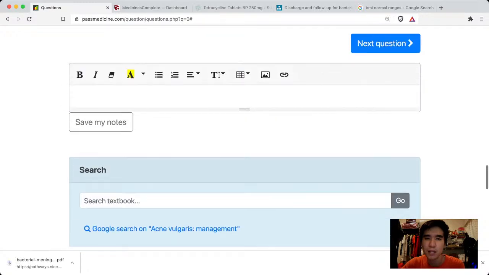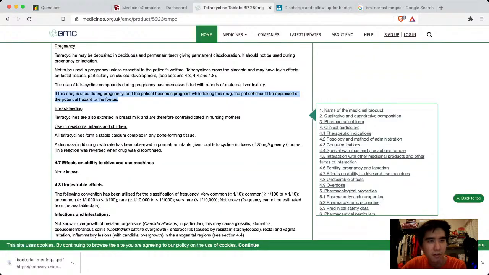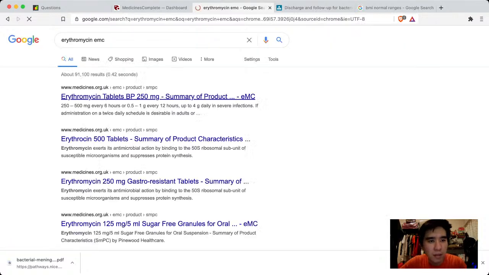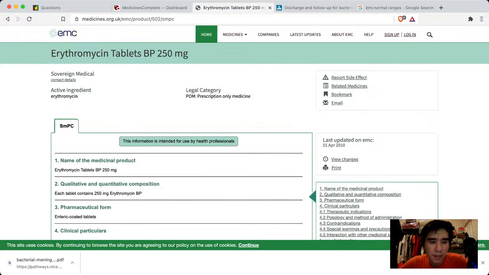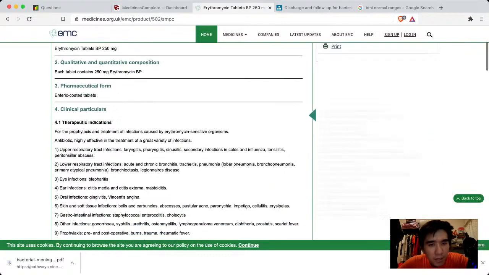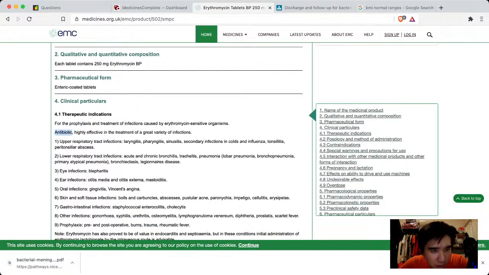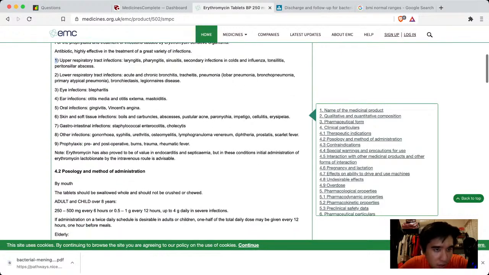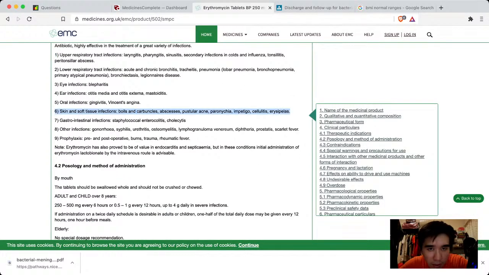Okay. Let's just see how erythromycin works. Erythromycin. It's used in upper respiratory tract infections, lower respiratory tract infections, eye, ear, oral, skin, acne.